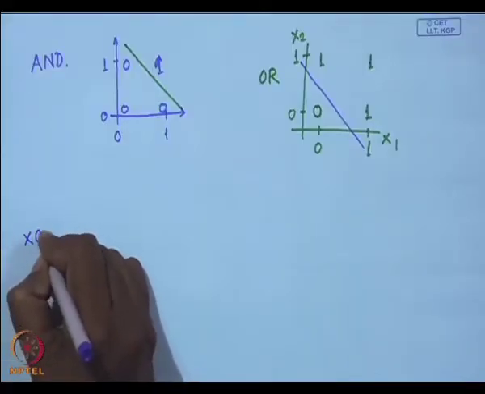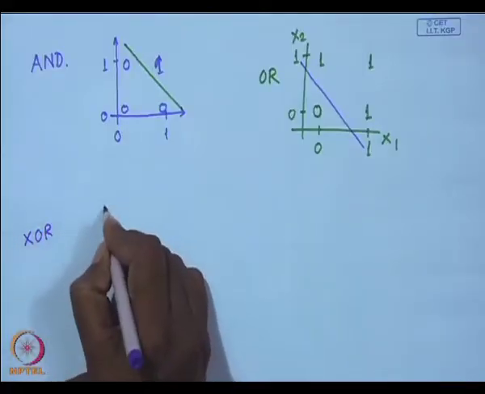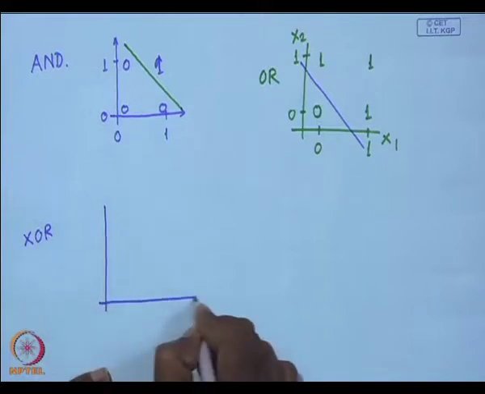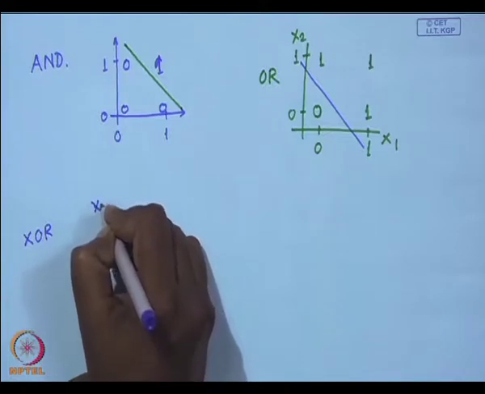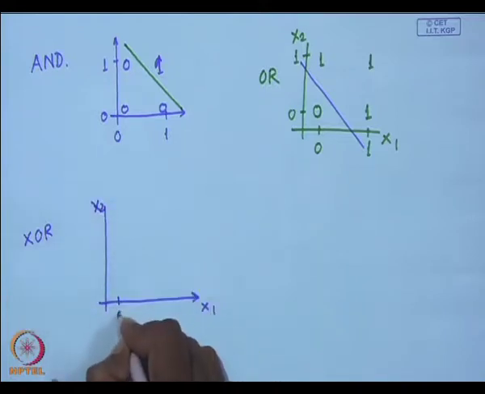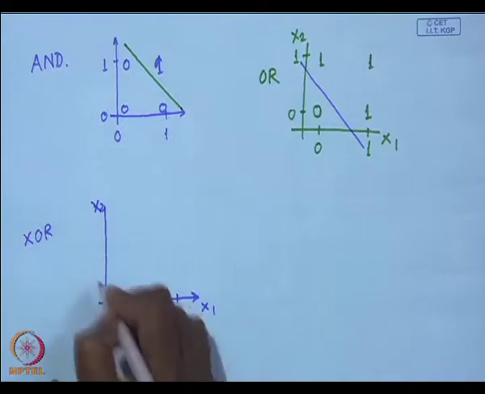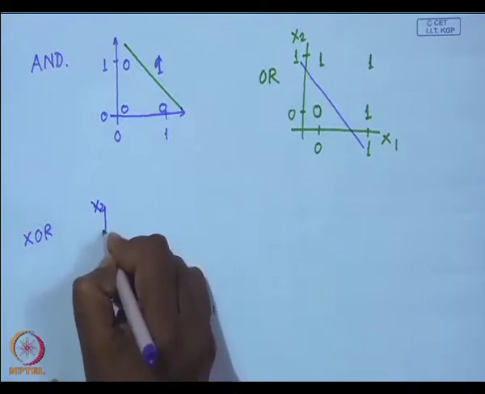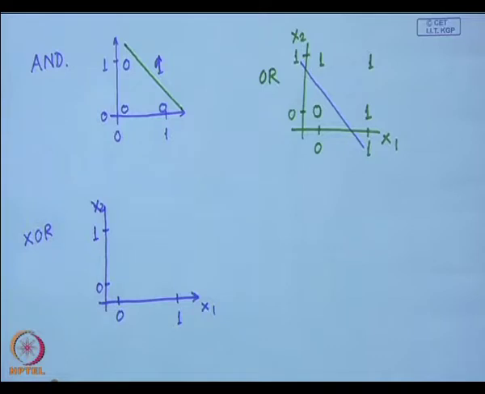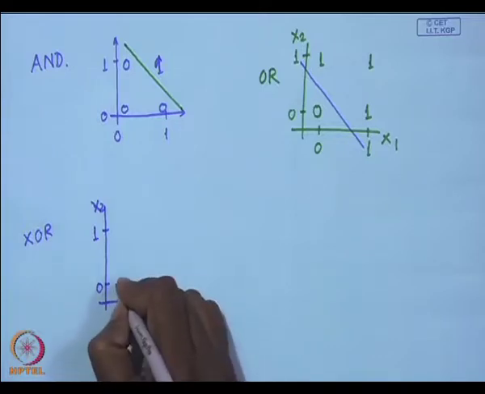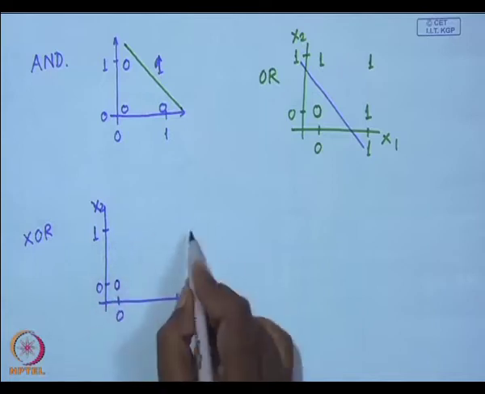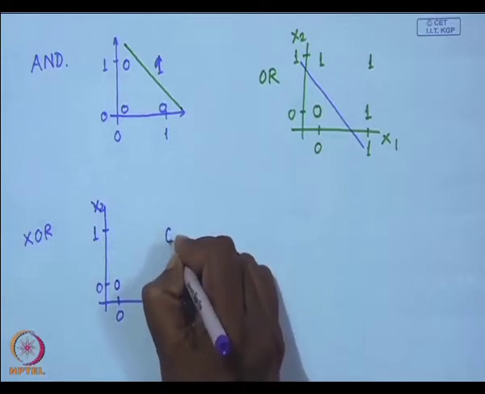But we have faced difficulty in case of the XOR function. If I put it in the same fashion, I have x1, x2, 0, 1, 0, 1. When the input is 0, 0, the output is 0. When the input is 1, 1, the output is also 0.